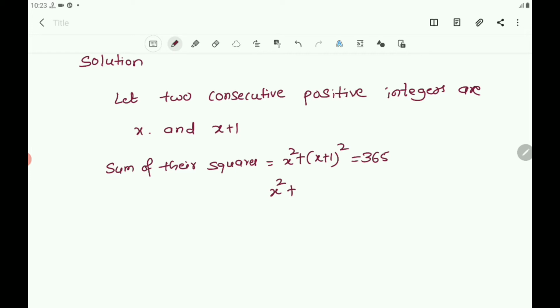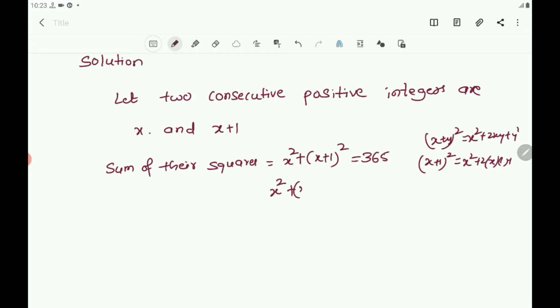You must use the identity (x plus y) the whole square. You know the expansion of (x plus y) the whole square is x square plus 2xy plus y square. Then (x plus 1) the whole square is x square plus 2 into x into 1 plus 1 square.